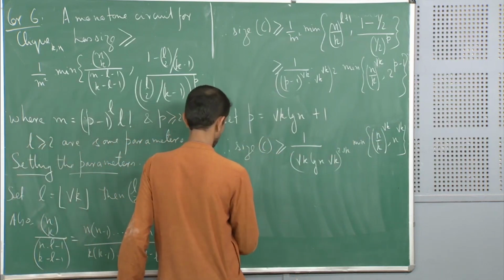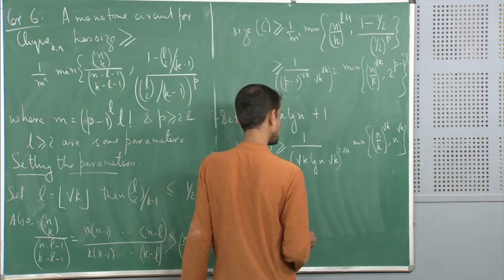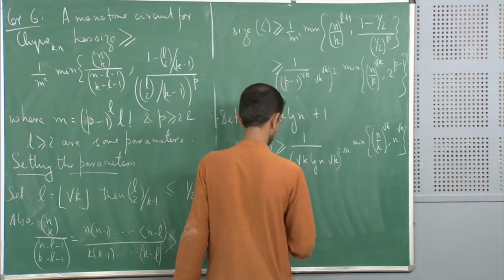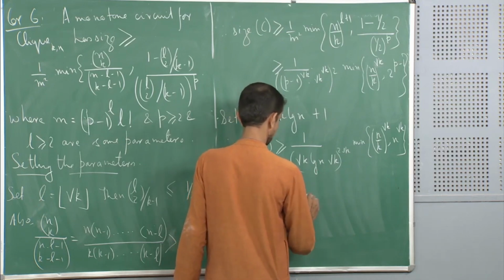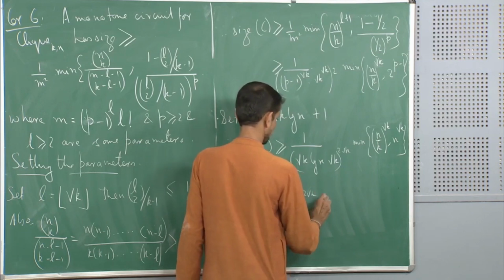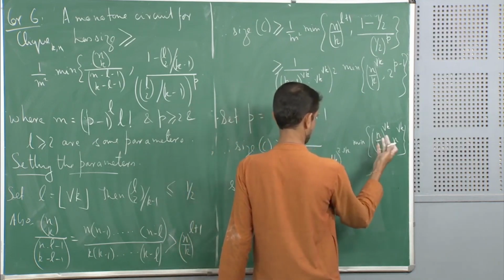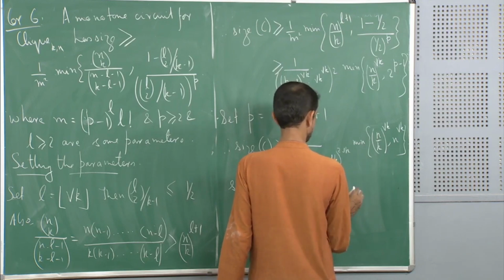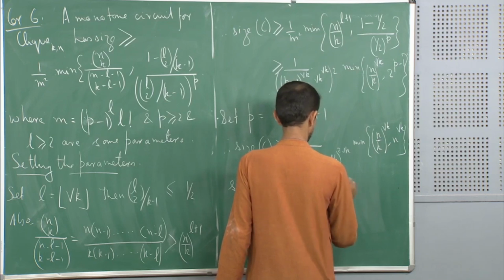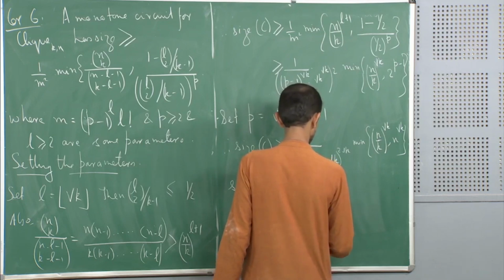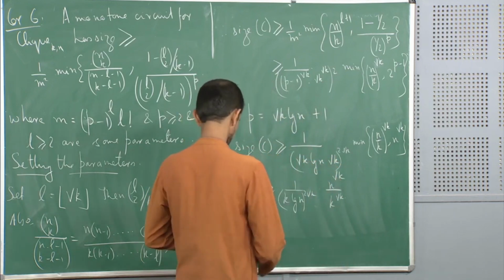So therefore size of C is greater than, so root k gives me k over here, k log n to the power 2 root k times n to the power root k divided by k to the power root k, right?